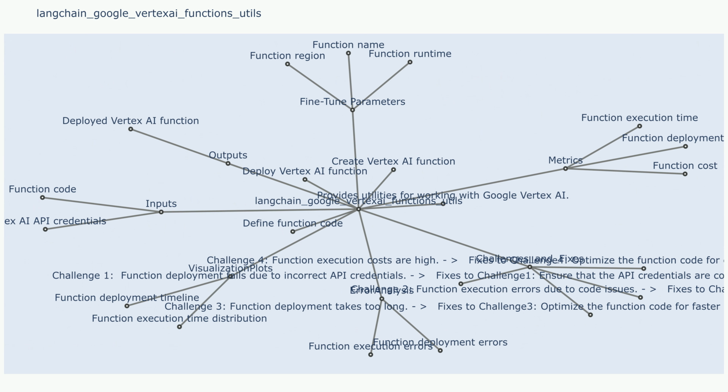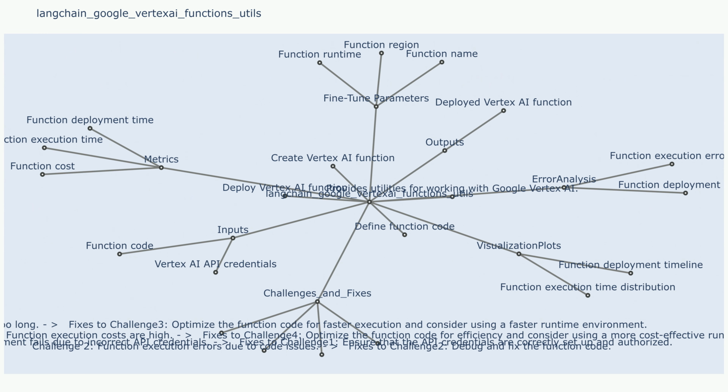Visualizing the timing of function invocations can help identify patterns and potential bottlenecks. Function execution time distribution. A distribution plot of execution times can reveal variations in performance and highlight potential areas for optimization.